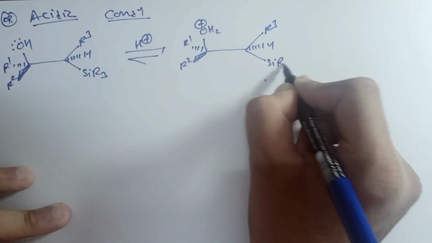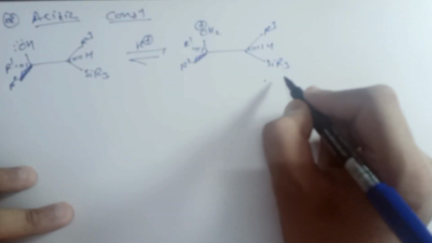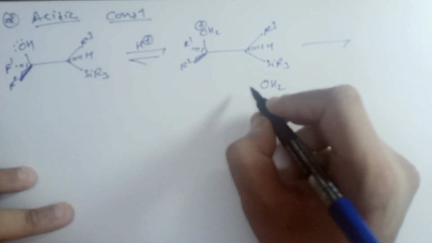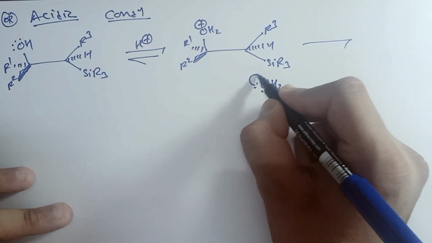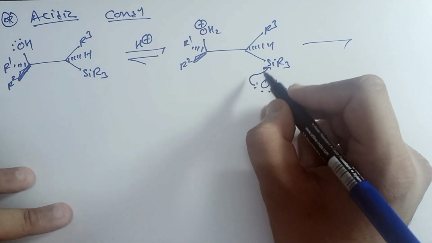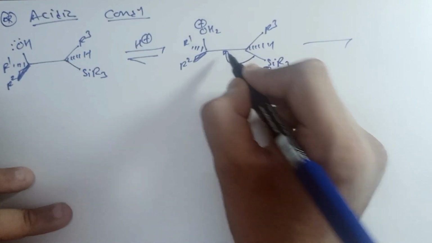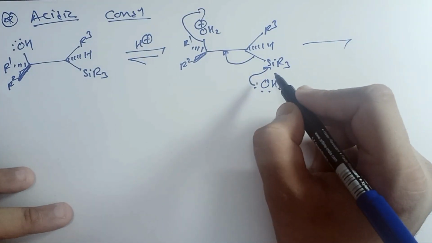Here we have the SiR3 molecule. Now in the presence of a water molecule, as we know silicon is an electropositive element, it will accept the electron from here, so it will fall over here. Now this OH2, that is the H2O molecule, will be eliminated.